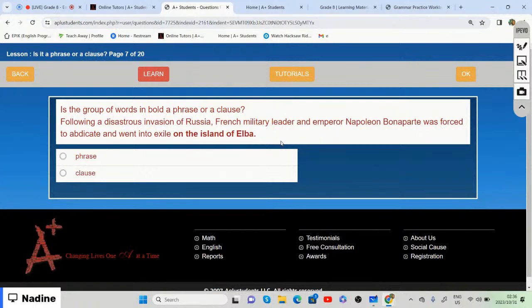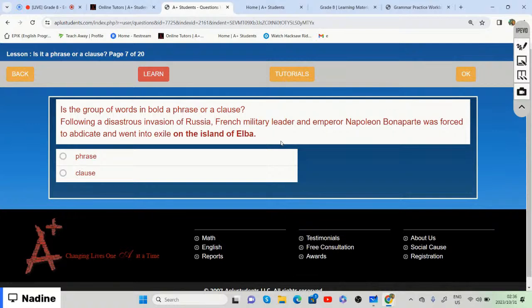So, following a disastrous invasion of Russia, French military leader and Emperor Napoleon Bonaparte was forced to abdicate and went into exile on the island of Elba. So we now need to say, on the island of Elba, is that a phrase or is it a clause?